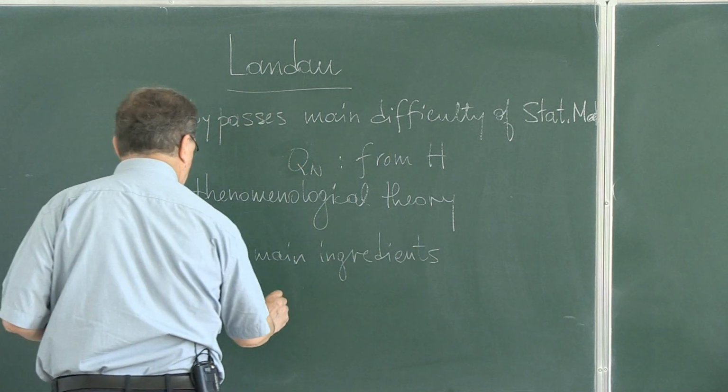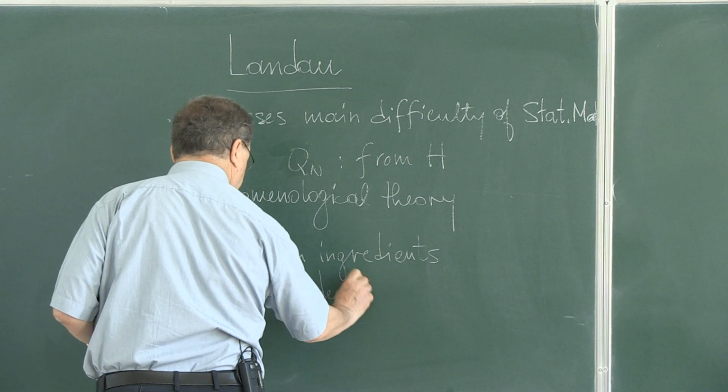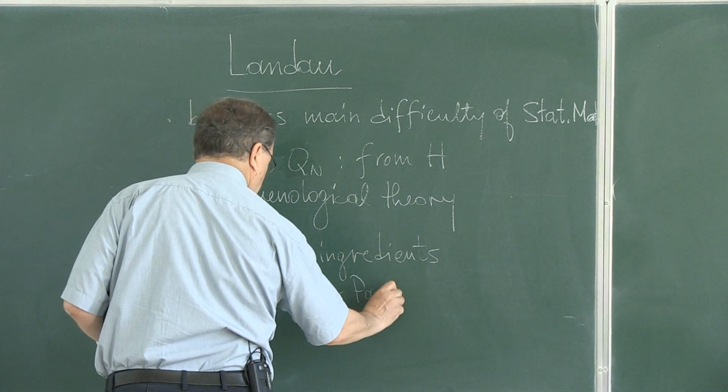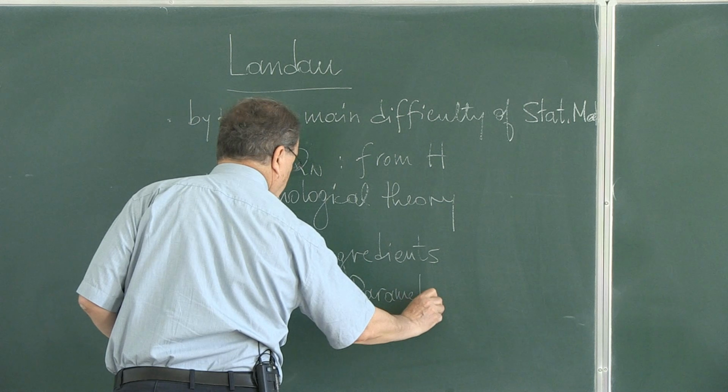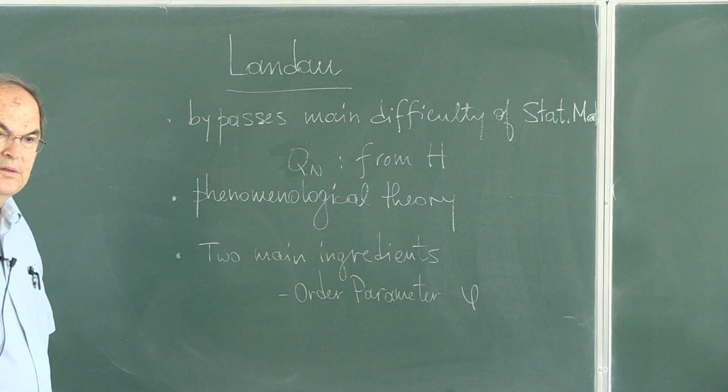One is the order parameter. You know, this is a small thing near the critical point.